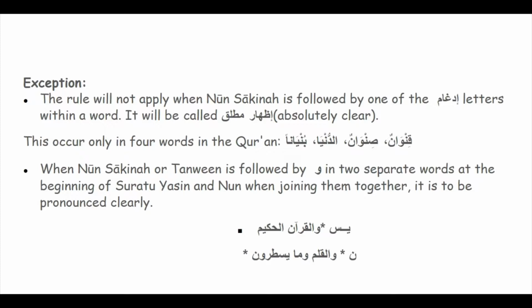So for Hafs, it's going to be read as Yasinu, the noon will be pronounced with dhamma, and then we'll be saying Yasin wal Quran al Hakim. The same thing also applies to Noon wal Qalam, Noon wal Qalam, when I'm joining the two verses together.